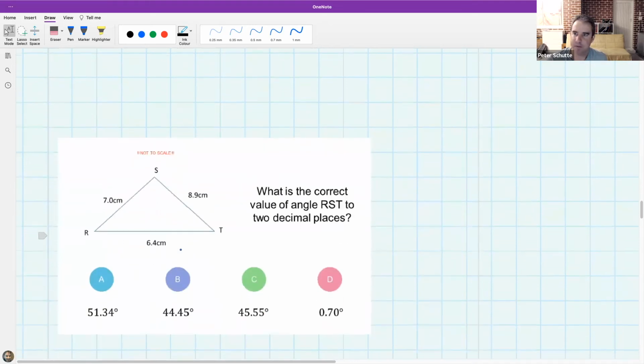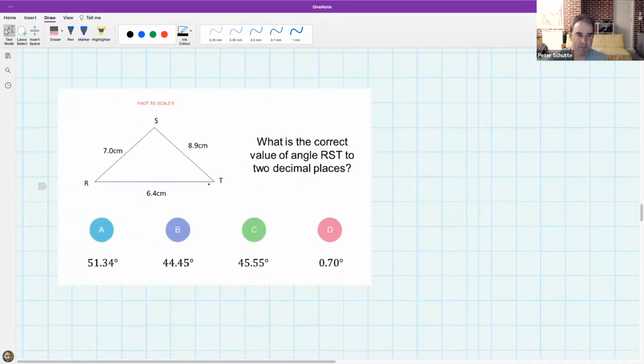Okay. Let's do one more before the break. I'm not assisting you here. You are going to find me the angle RST. Which of the four options is the value of RST? And I want you to choose the correct one, A, B, C, or D. Over to you guys.